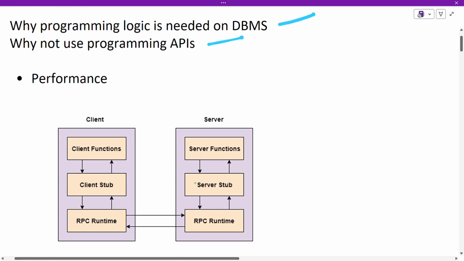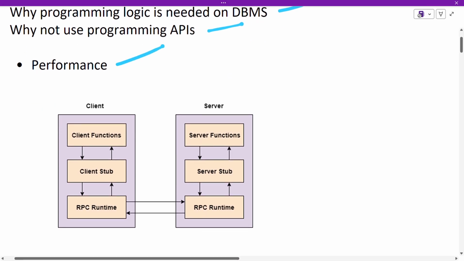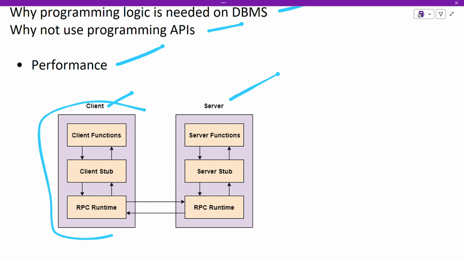The first one is performance. Why is the performance of PL SQL better than any programming language? Programming languages are more sophisticated and more robust, right? But in reality, all this data resides in a DB server, and the client, which has all these application programs, is a machine in a network, and the DB server is another machine in the network, right?